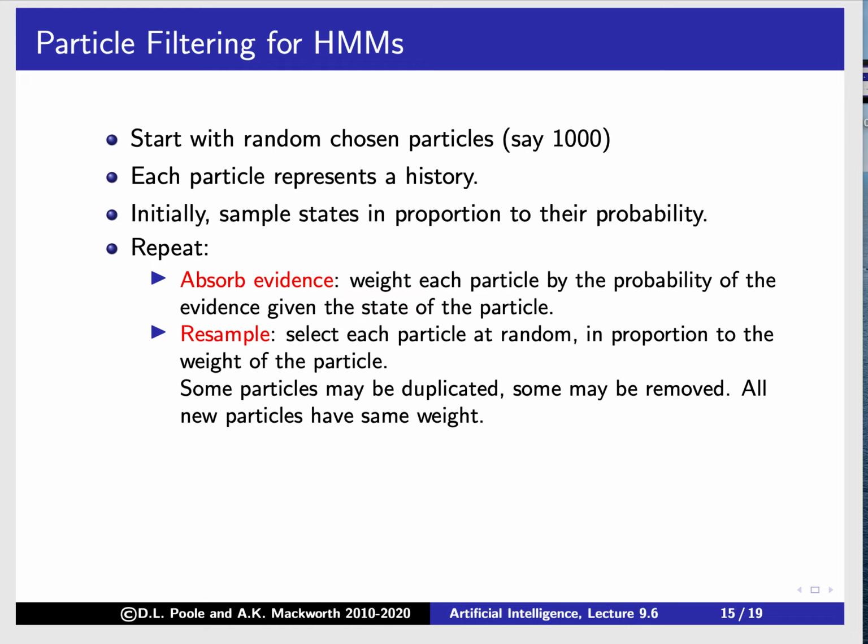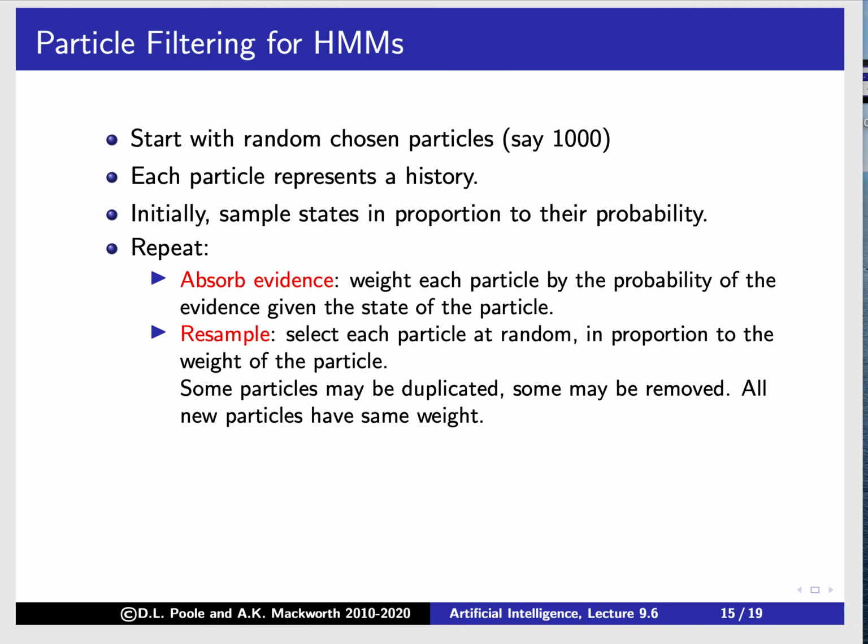But now we're going to do something a bit different. We're going to resample them. We select each particle at random in proportion to its weight. Some of these particles are duplicated and some may be removed, and all the new particles have the same weight. This is similar to what we did in stochastic local search, where we viewed these methods as having lots of different particles.